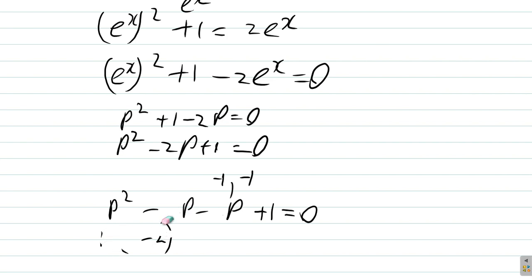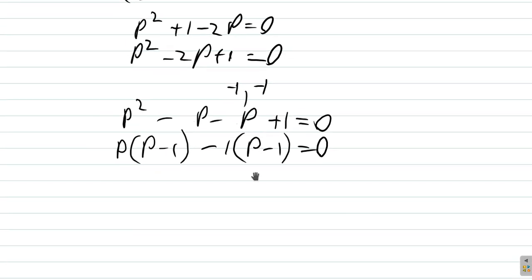So we consider p squared minus 1p minus 1p, which would give you minus 2p, plus 1 equals 0. So factorize these two here: p minus 1 times p minus 1 equals 0.